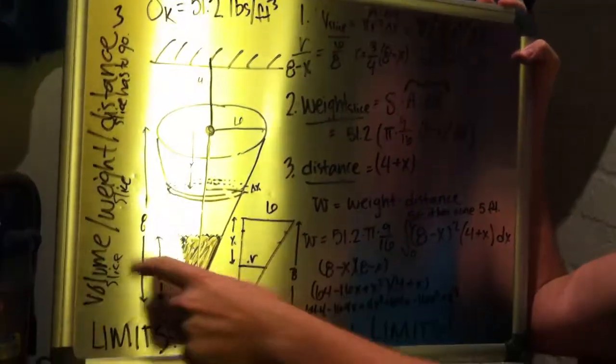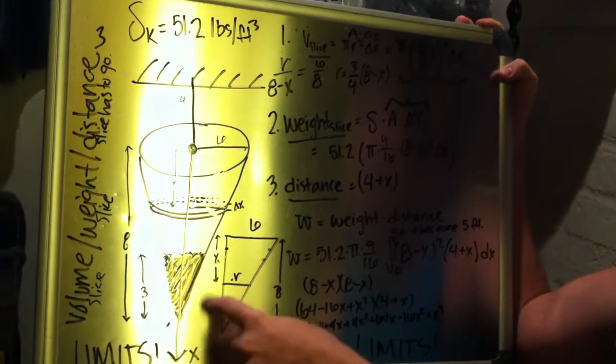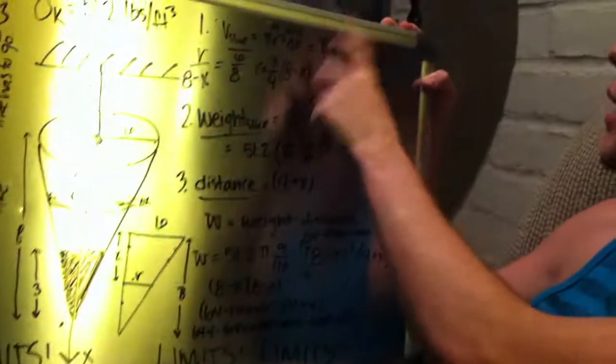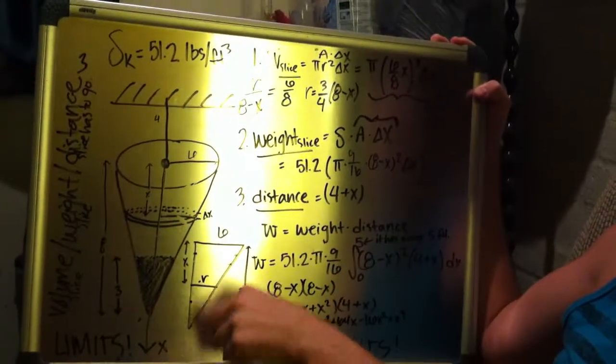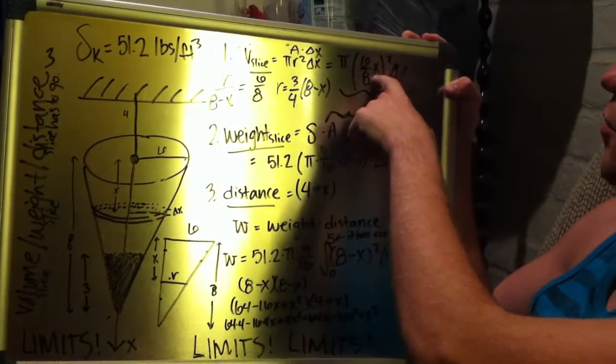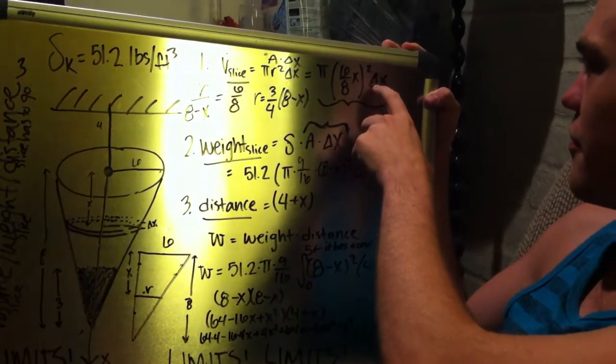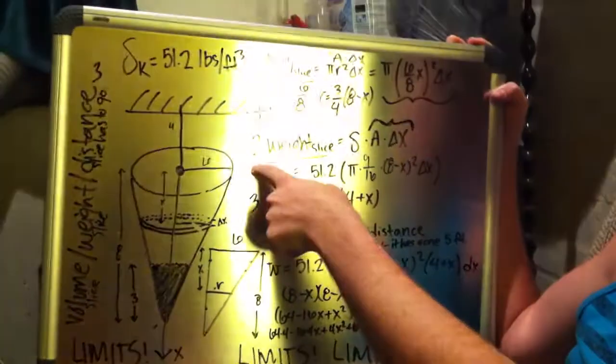Okay, so if this number is 8, let's imagine that this little part here is 3, so that we've got to find x. So let's just say 8 minus 3 is 5, so that's what x is. We found x. Okay, so up here, then we do pi times 6 over 8, that's probably like radius over height or something, times x, I don't know why you didn't put 3 in there yet, squared times delta x.